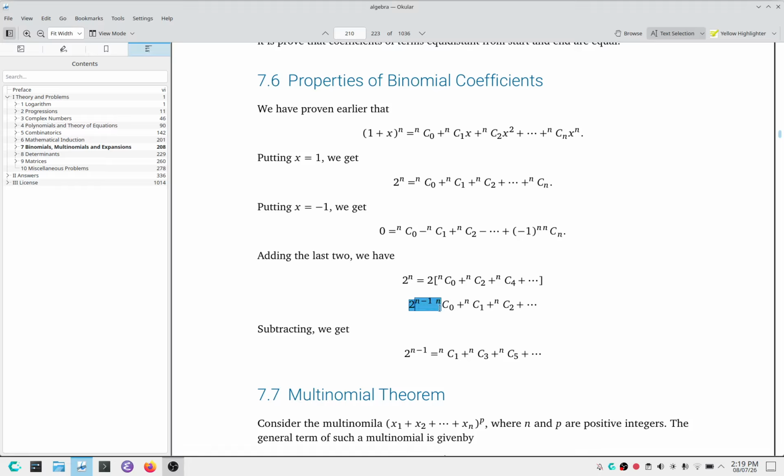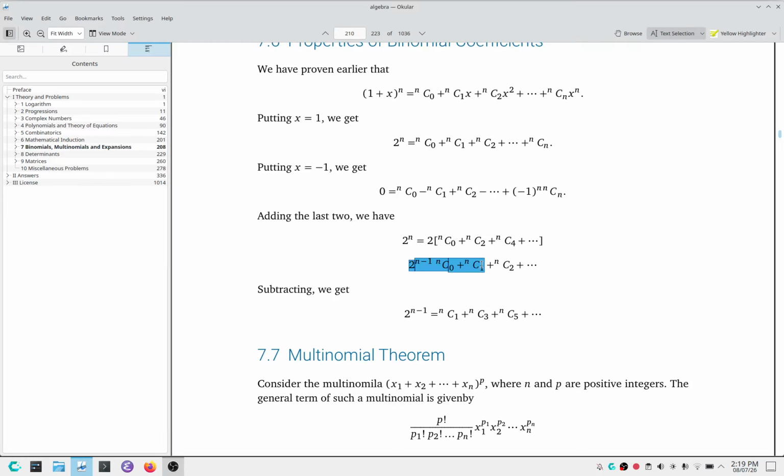We need to discard this, this is of no consequence. So we have 2 raised to the power n is equal to 2 times (nC0 plus nC2 plus nC4). Now we subtract these two, we get 2 to the power n minus 1 is equal to nC1 plus nC3 plus nC5 and so on. You cancel 2 and get 2 to the power n minus 1. But this is wrong. This should be nC0, nC2, nC4, not 1 and 2. I'll fix this.